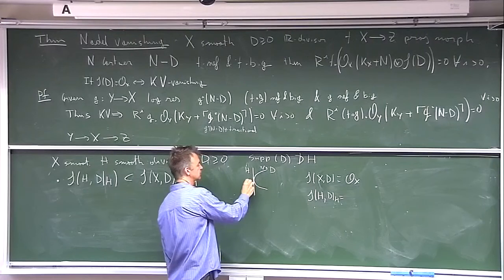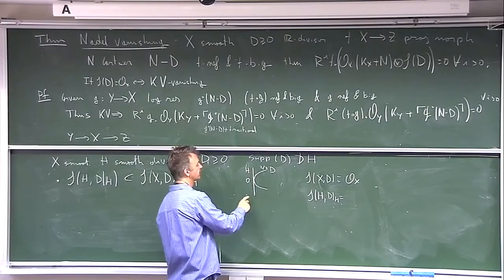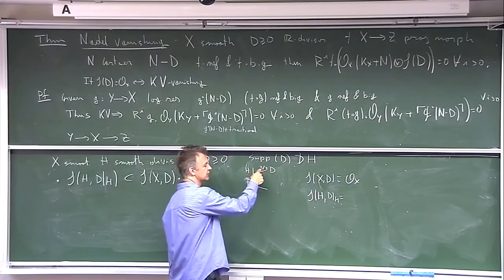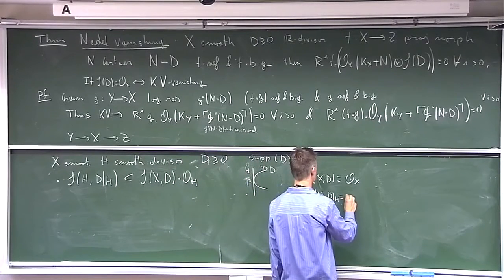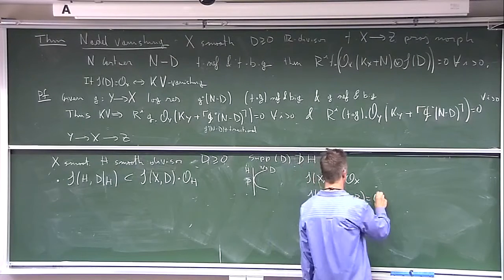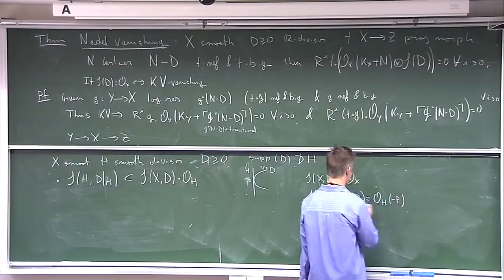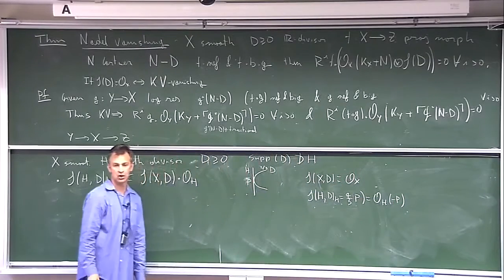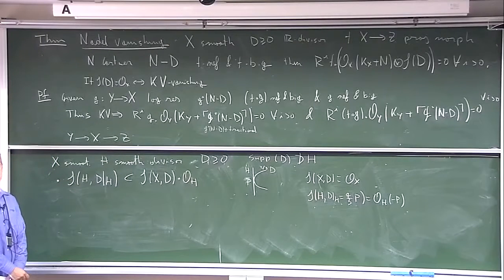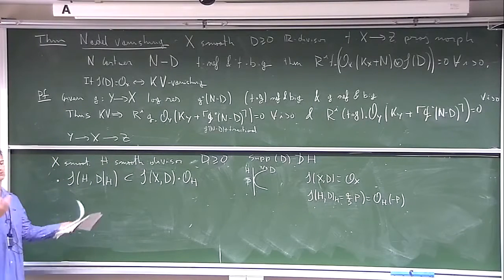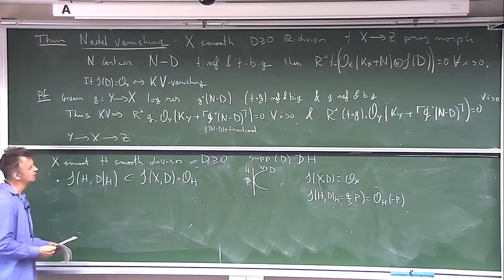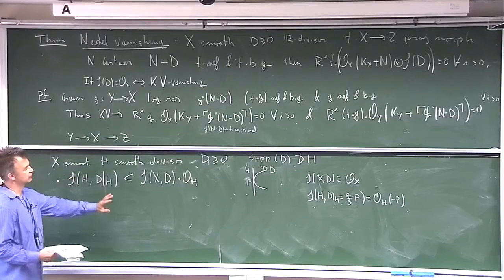Let's call this point P, maybe it's easier to see. I get this point with multiplicity 2, and this has coefficient 2/3, so this is the multiplier ideal sheaf of 4/3 this point, so this is just O_H minus P. I have to round that down. So the inequality can indeed be strict. It's an equality if everything has simple normal crossing, then you don't have this annoying phenomenon that the multiplicity jumps up. Okay, so this is sort of the trivial direction, sort of adjunction direction.